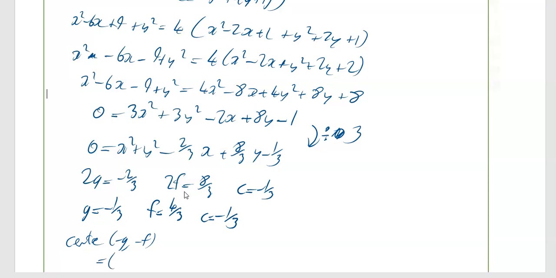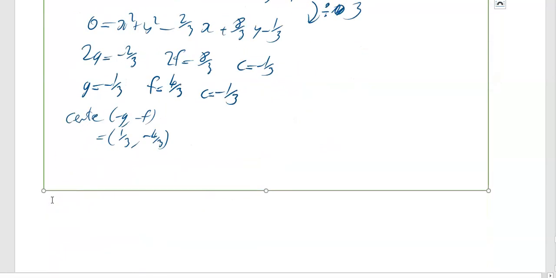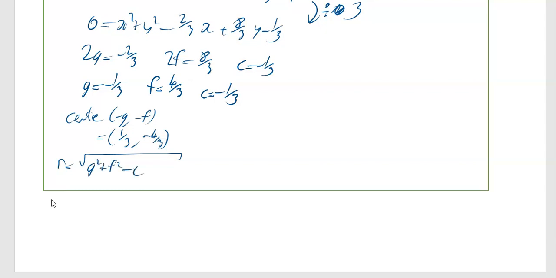So in this case, that's going to be equal to (1/3, −4/3), and your radius is going to be equal to the square root of g² + f² − c, and if you do that out, you will get root 20 over 3, which is going to be the same as 2 root 5 over 3.